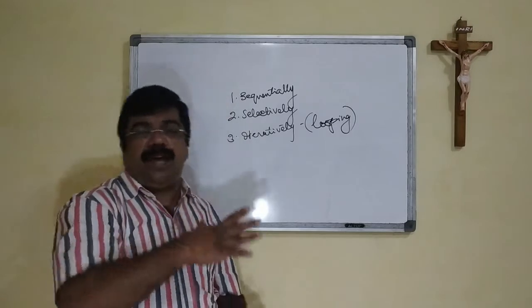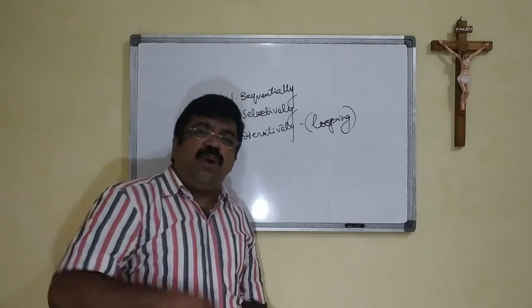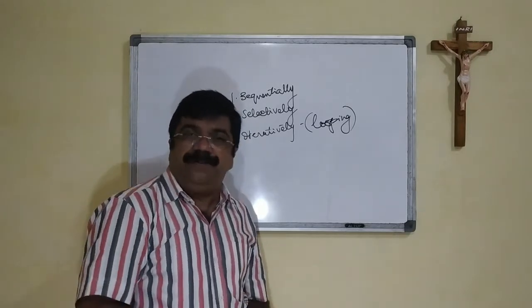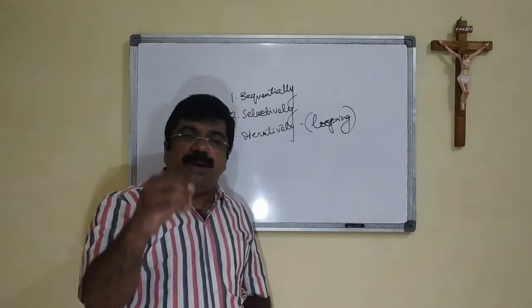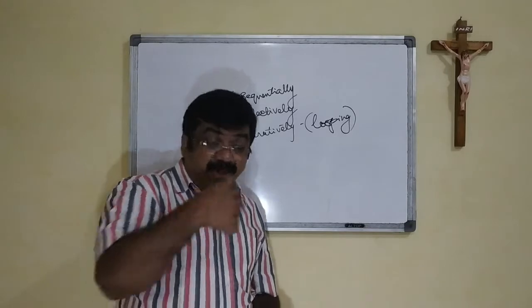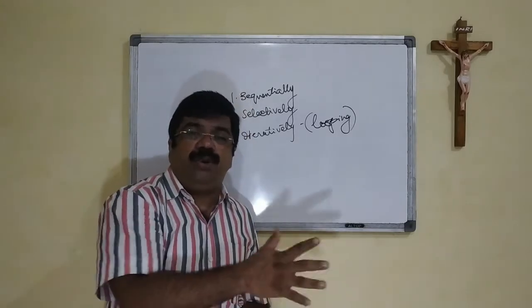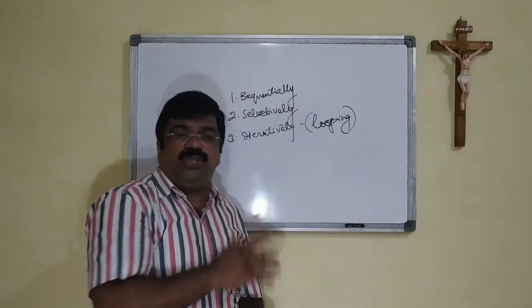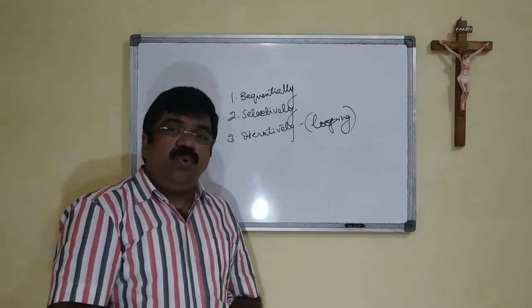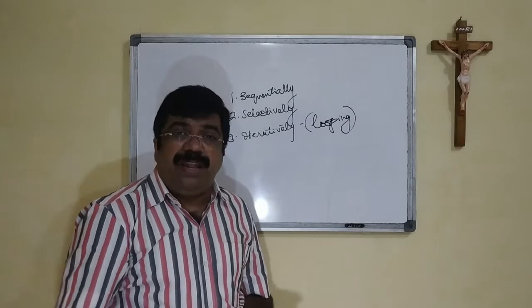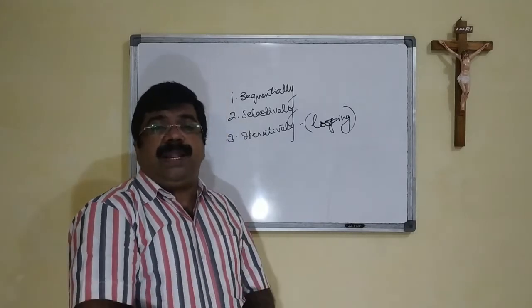We can take one example. Most of you are coming to the school by a cycle. When you are starting from your home in the morning, you are sitting on the cycle. That is your starting point. You want to come to the school. What will we do? To move the cycle, we will give one pedal.